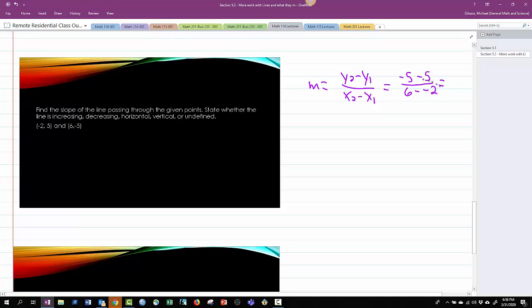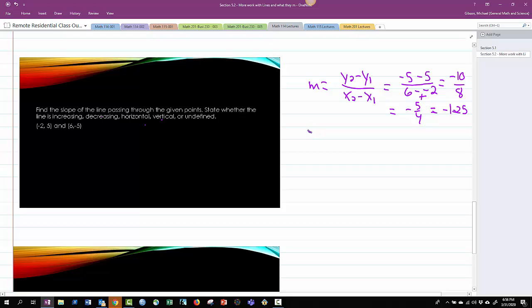The two negatives in a row make a plus, right? So we get minus 10 over 8, which you could write as minus 5/4, or this is also minus 1.25. All right, now you tell me, so this is a slope. Since it's a line, the slope is the same everywhere. So is this increasing, decreasing, horizontal, vertical, or undefined?